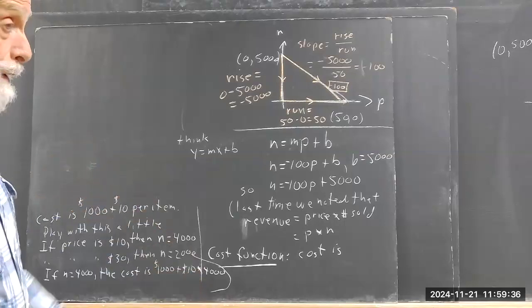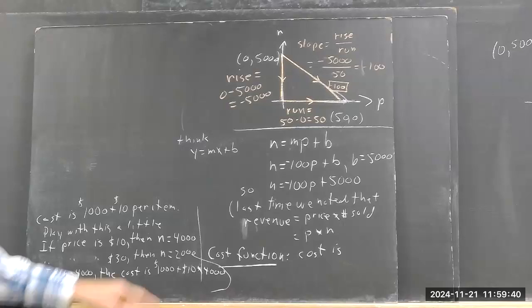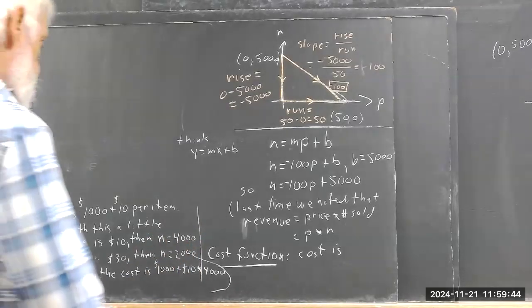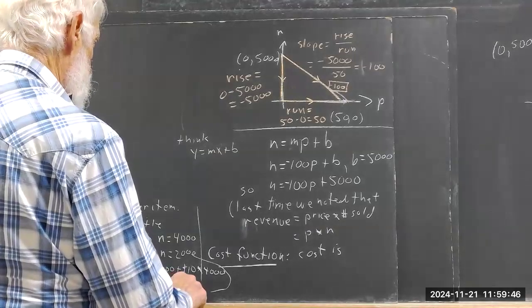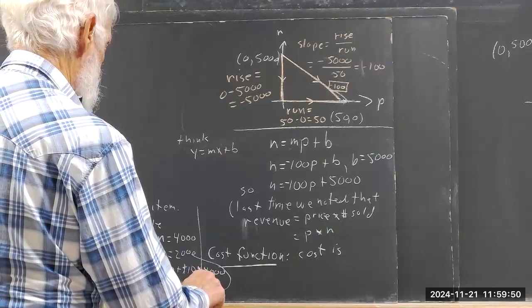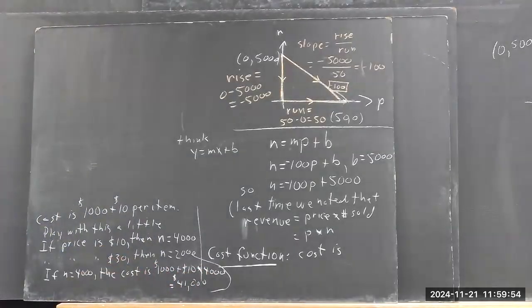Cost per item is $10, and you manufacture 4,000 of them. This term is going to give you 30,000. And you add that to the 1,000, it's going to cost you $41,000 to manufacture these things. Okay.